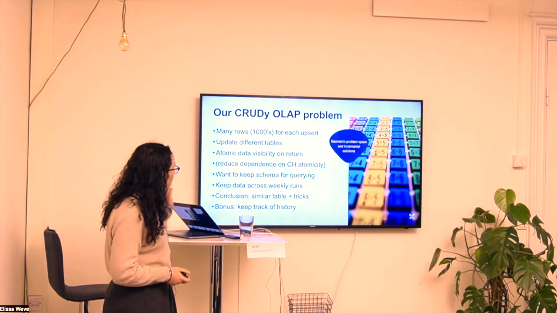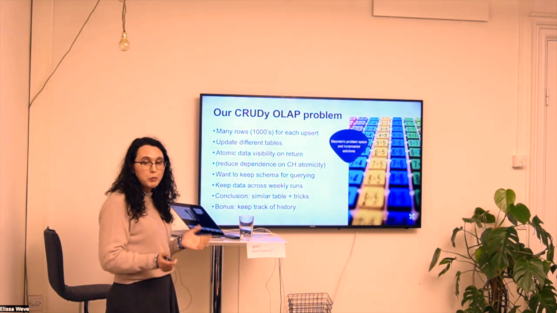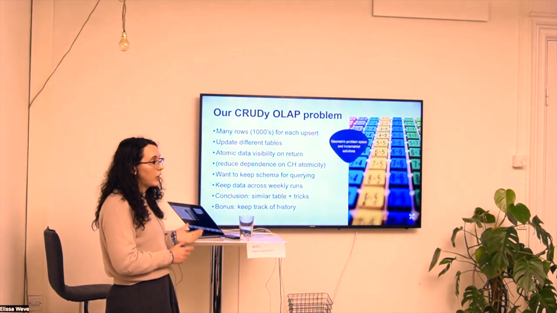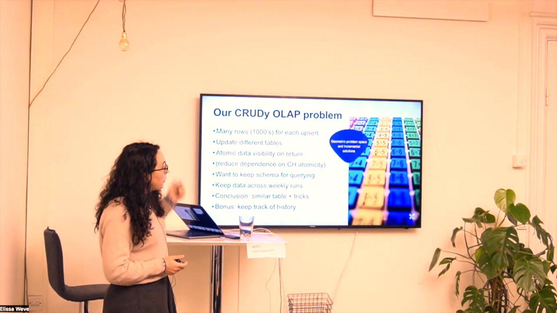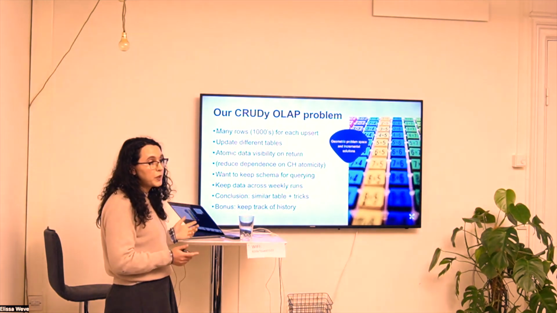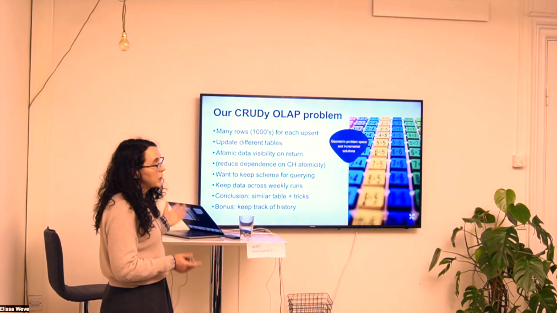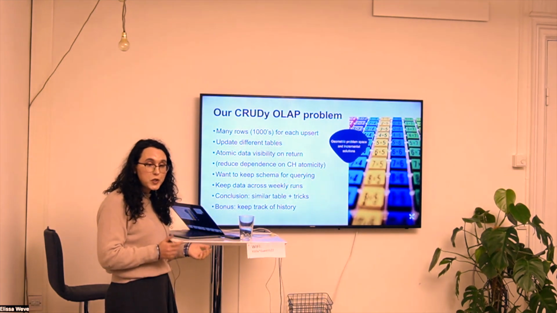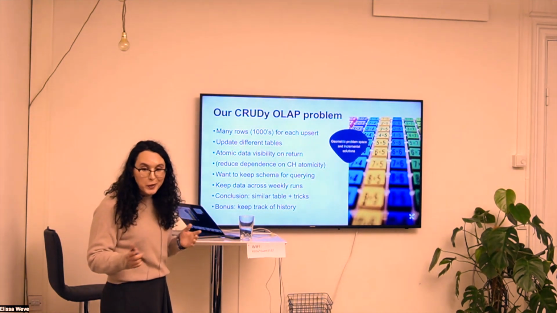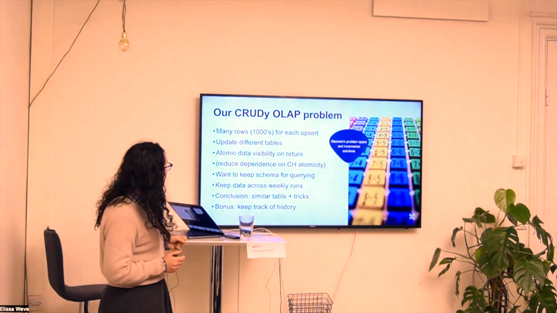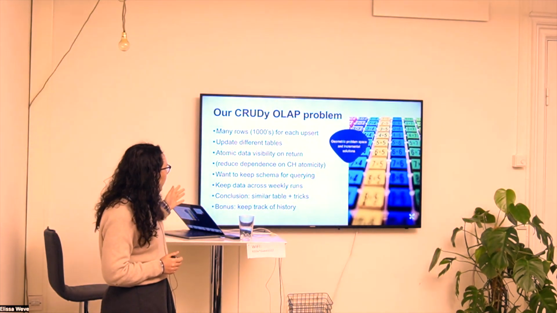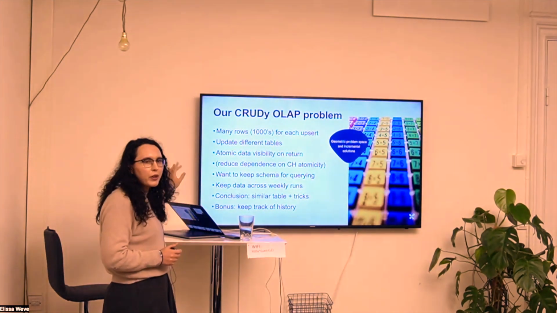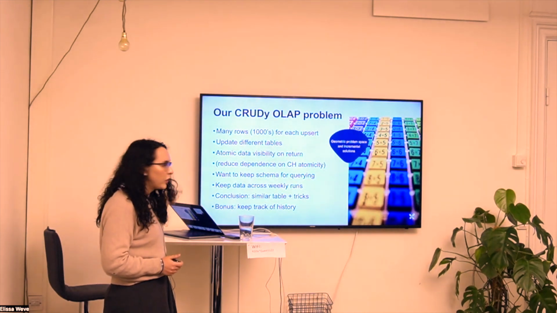And even though ClickHouse has some atomicity guarantees, we didn't want to rely on them for things that were this big with such wide tables. And especially so far, ClickHouse hasn't done transactionality across tables, but there are things about that that might be coming, so that would be very exciting for us. And we want to keep basically the same schema we had for all of the querying.